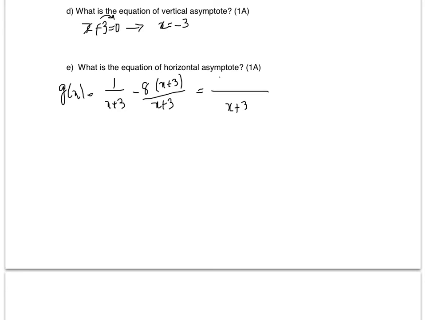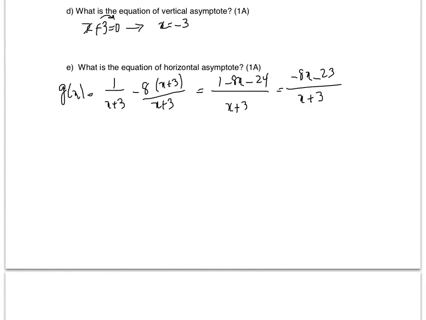From the first one I get 1. The second one, if I distribute negative 8 inside, I get negative 8x, negative 24, which is going to give me negative 8x minus 23 over x plus 3.